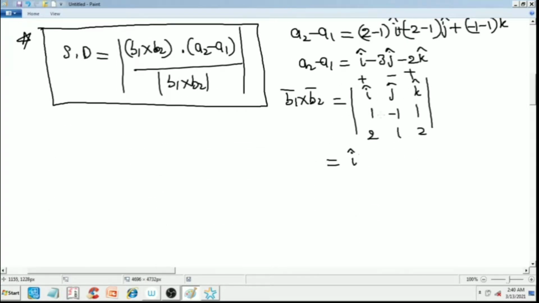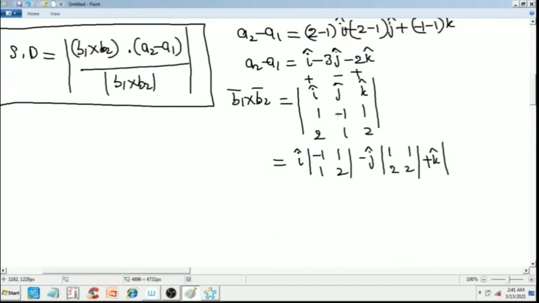Consider i, delete the corresponding row and column, then apply ad minus bc to the remaining elements. Then minus j bar, delete the corresponding row and column, and apply the same to the remaining elements. Then plus k cap, delete the corresponding row and column, again with ad minus bc.